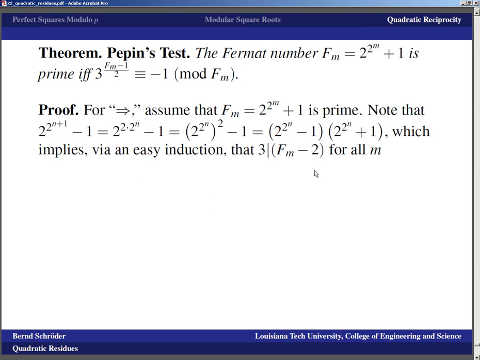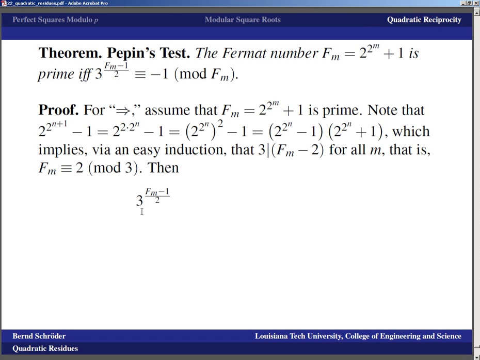That means that divisibility by 3 is passed on from one Fermat number to the next one, and if I take 5 minus 2, I get 3, which is divisible by it, so one of the first Fermat numbers does it. Well, that means that Fermat numbers are equivalent to 2 modulo 3.